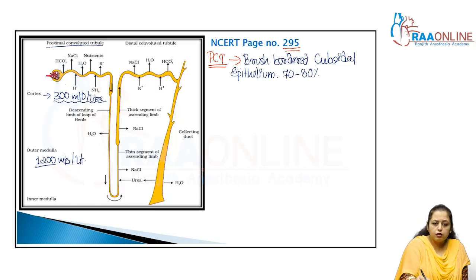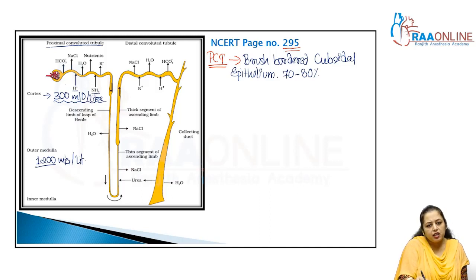Bicarbonate ions, sodium chloride, water, nutrients, potassium ion are reabsorbed here, and if there is some imbalance, then to maintain that osmolarity, what will happen? Tubular secretion of H ion and ammonium ion through the interstitial fluid enters inside the filtrate.